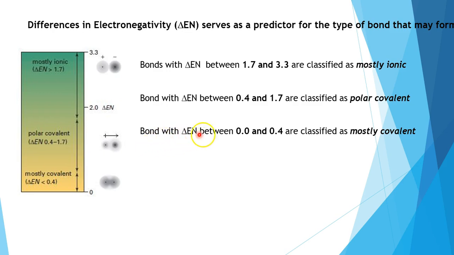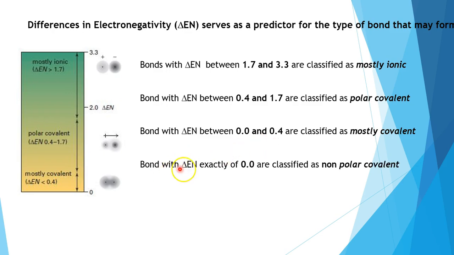And bonds with a delta EN value between 0.0 and 0.4 are classified as mostly covalent. Notice that I added here an extra value, the 0. When delta EN is exactly 0, the bonds are classified as non-polar covalent. That would be the case, for example, of diatomic molecules such as hydrogen and all the different diatomic elements that we study in the periodic table: oxygen, nitrogen, fluorine, chlorine, bromine.